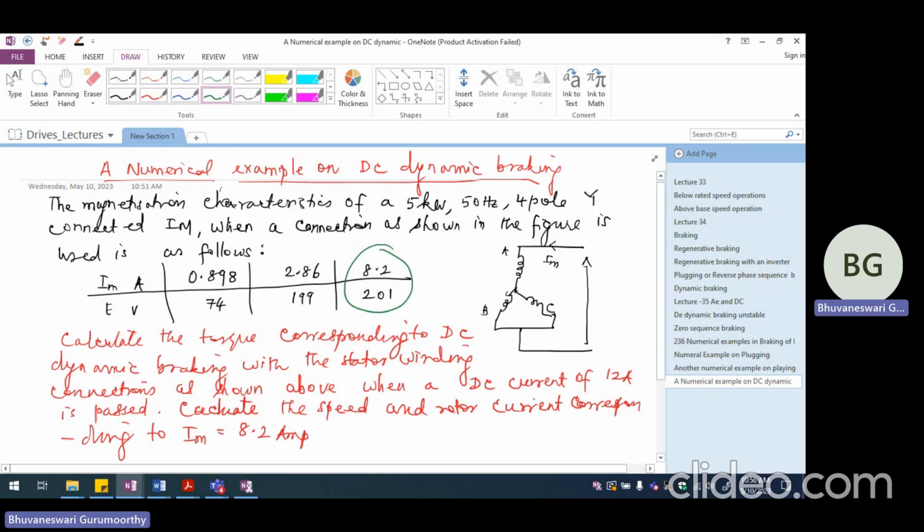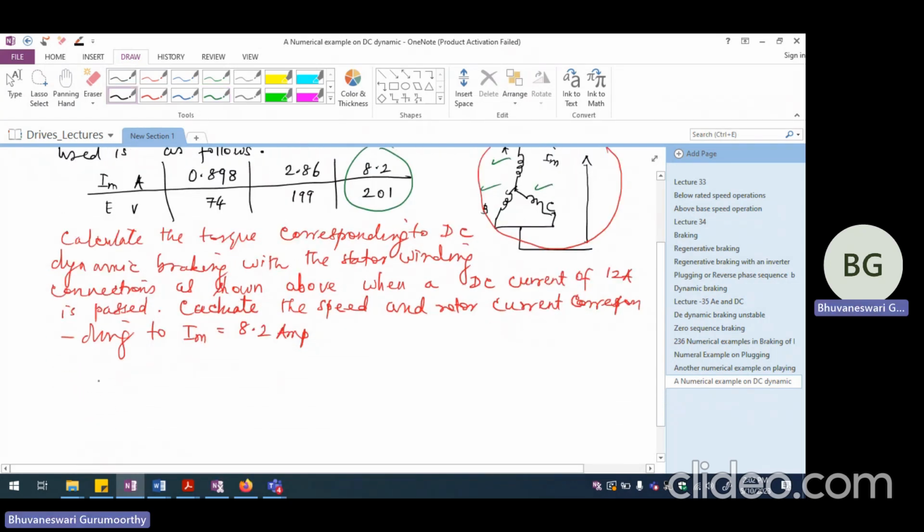So before we proceed, we need to look at, first of all, for this kind of connection, how are we going to calculate the equivalent AC current? You may recall that in the lecture class, we had talked about two lead connection.